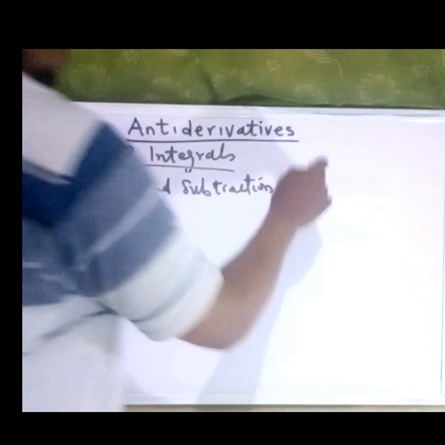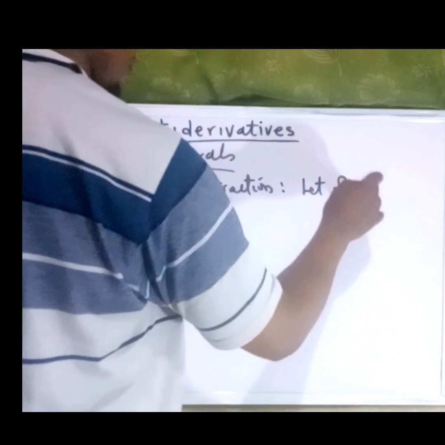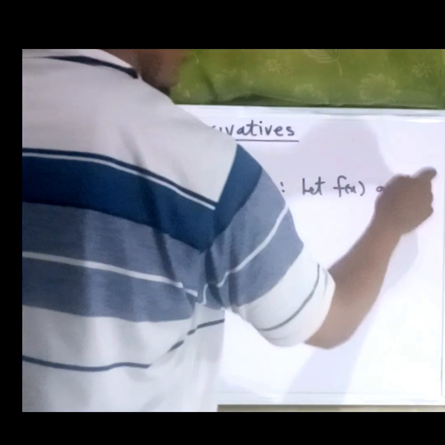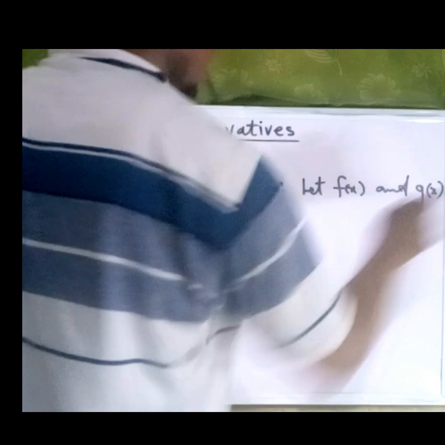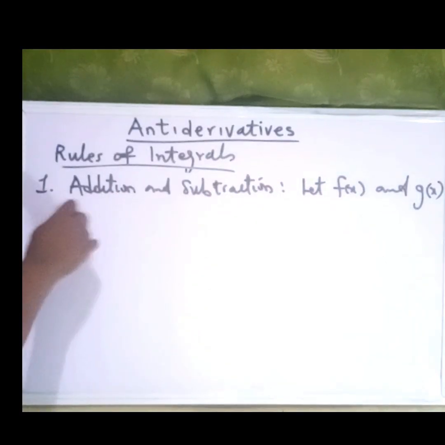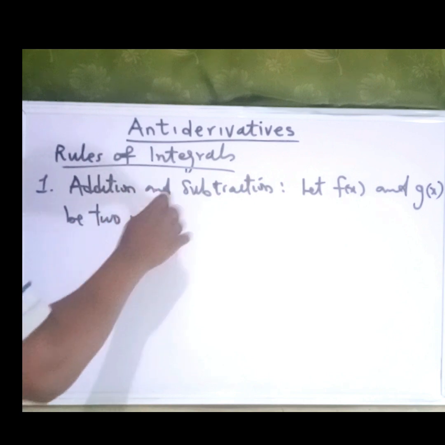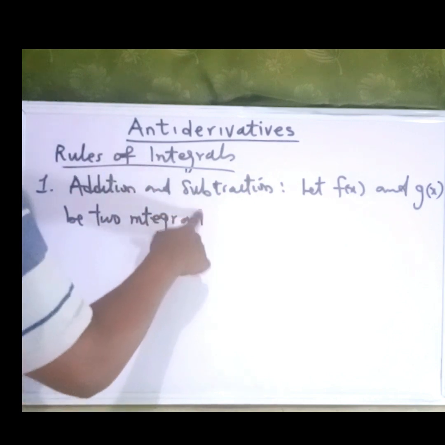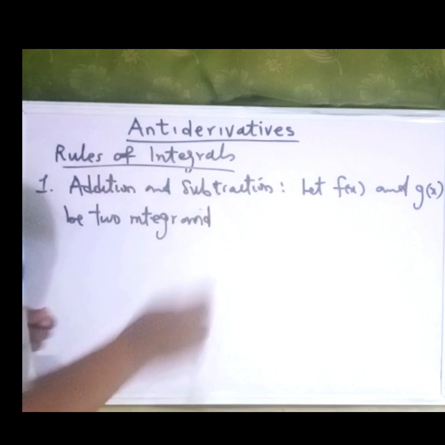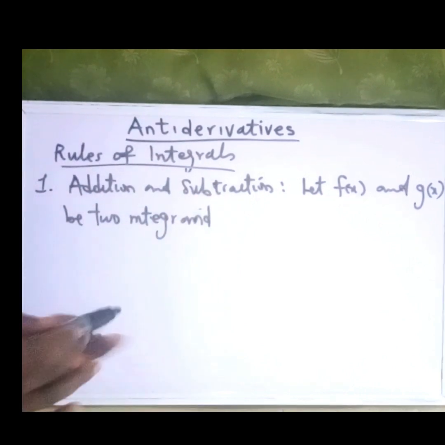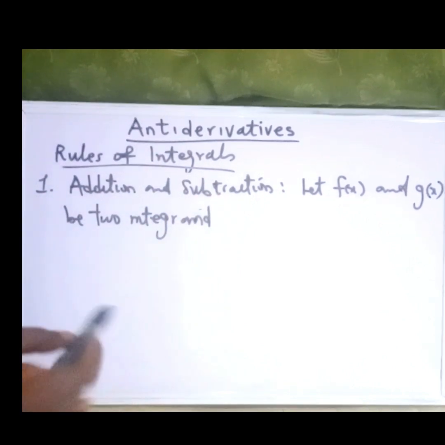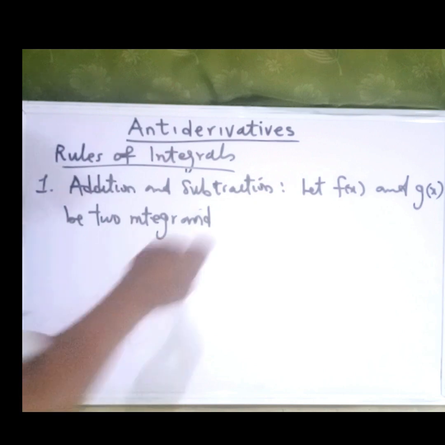Here we say let f of x and g of x be two integrands. By integrands, we mean both of them are continuous in a given region or in a given interval.